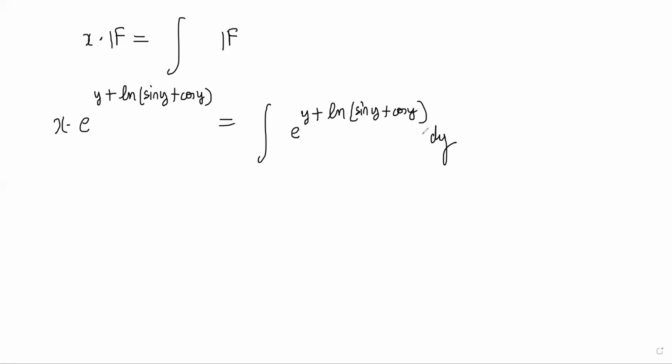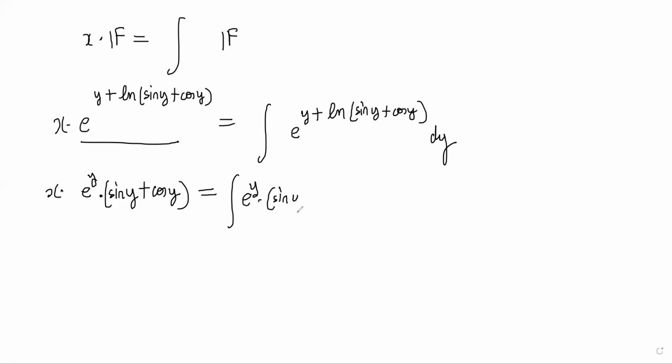This is just e power y multiplied by sin y plus cos y, because ln will cancel. So here you have the integral of e power y into sin y plus cos y dy. Okay, so this is your solution.